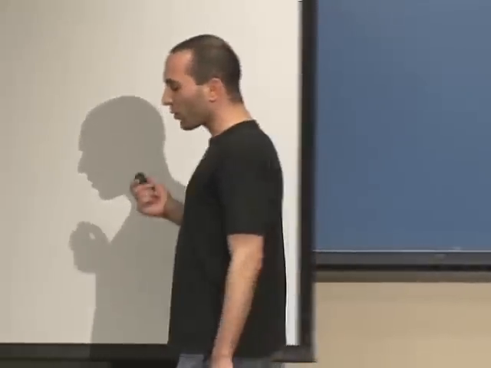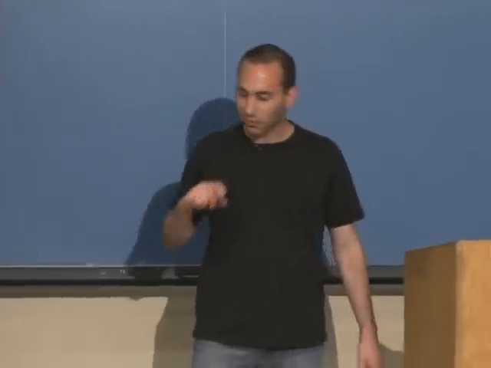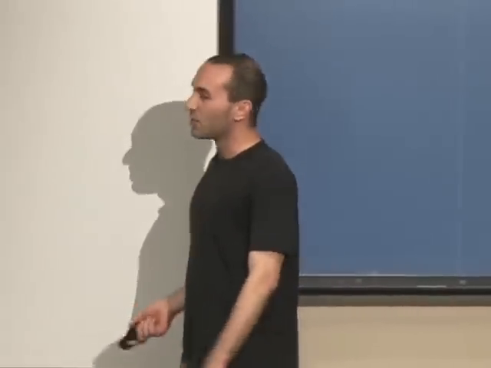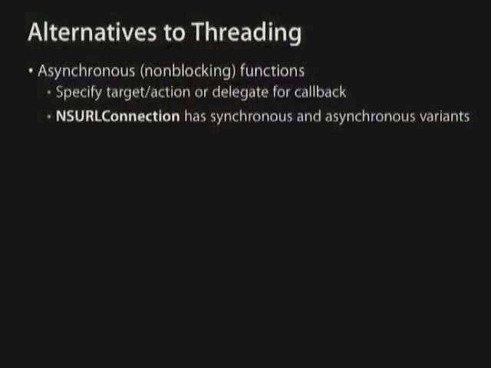So there's other ways to approach this, and the best one, well, actually, before we get into NSOperation, which is pretty useful, there are some constructs already available to you in Foundation and UIKit that will abstract the threading from you, right? So you don't have to deal with launching a thread, waiting for the response and signaling.